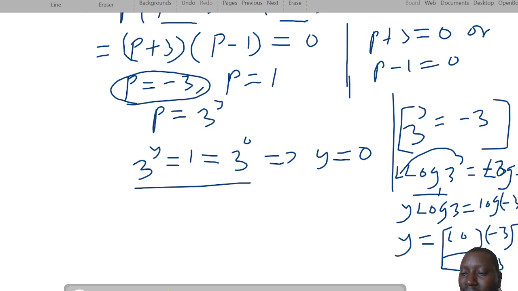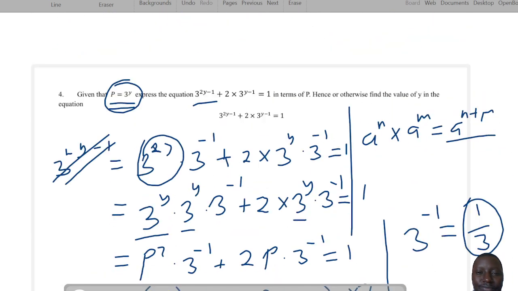But I have made it clear that with natural logarithms, we do not have the log of a negative number. And therefore, we'll end it here and conclude that the value of y must be 0 for the equation to hold. That is fair enough.